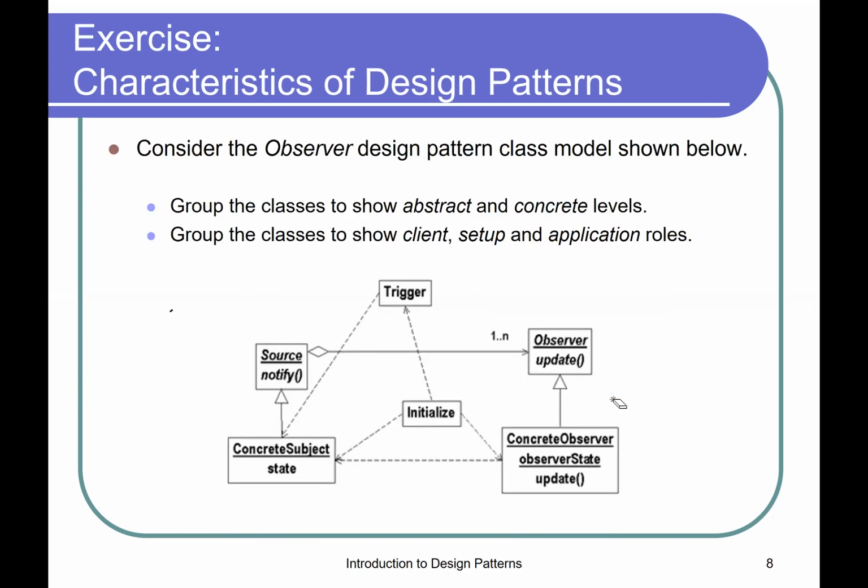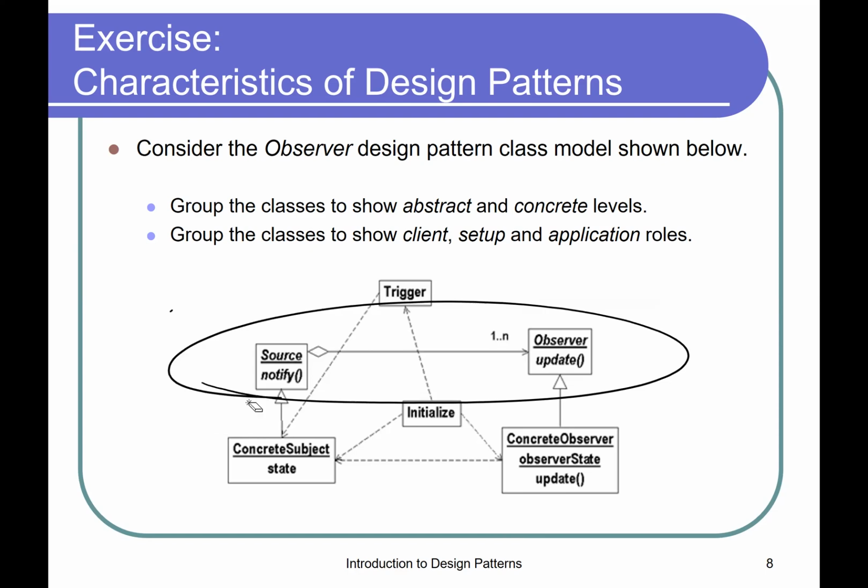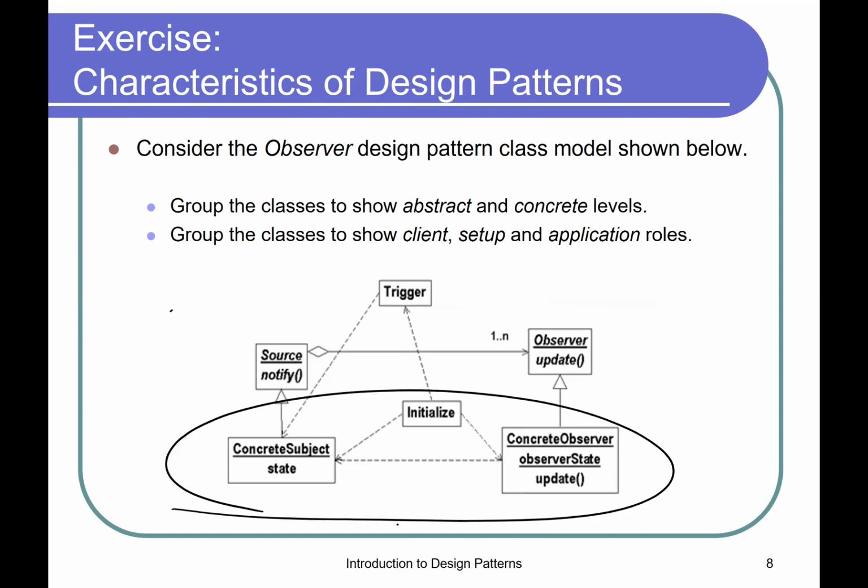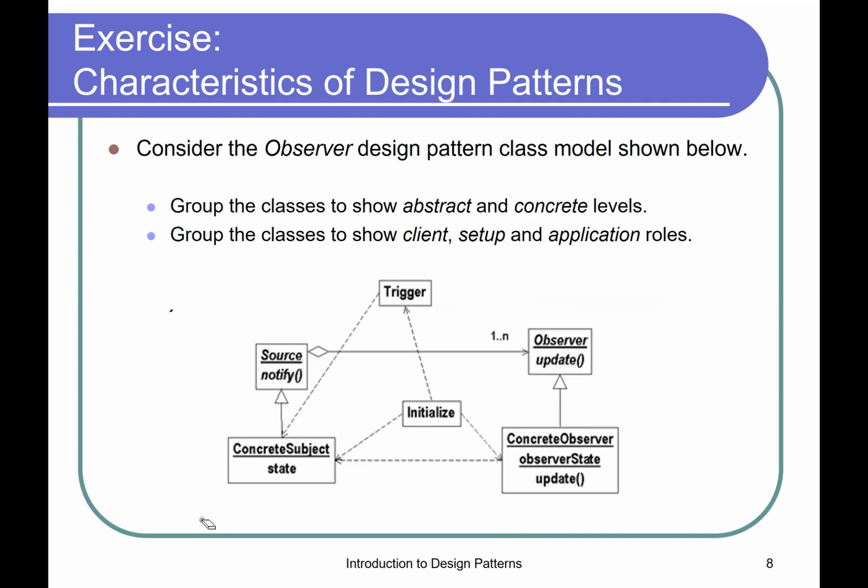So this is the static view. It's not showing the dynamic view. Over here at the top would be my abstract classes. At the bottom would be my concrete classes. We might have some sort of a client, and maybe some initialization code to set up my design pattern and sometimes the problem itself.